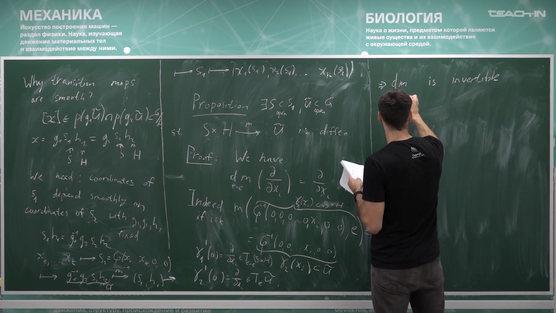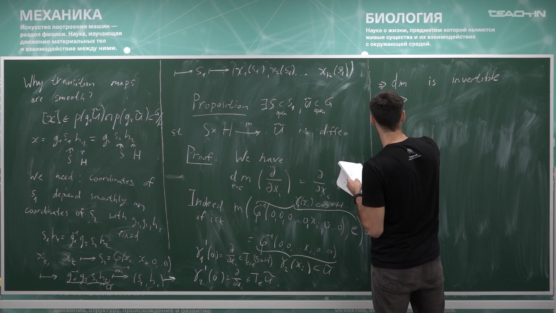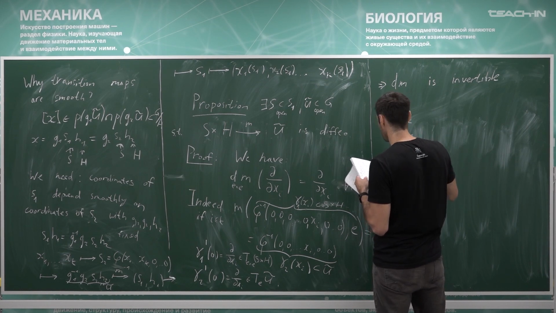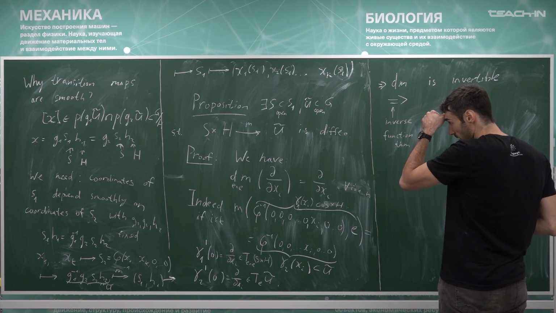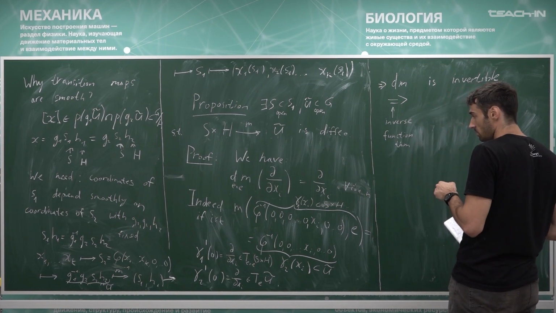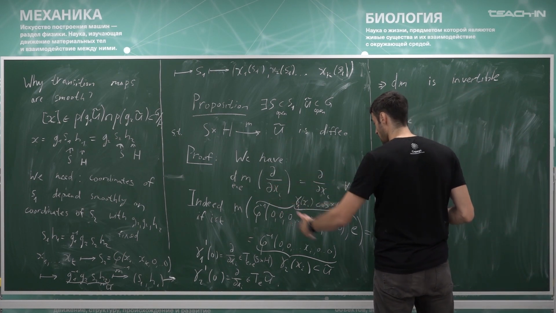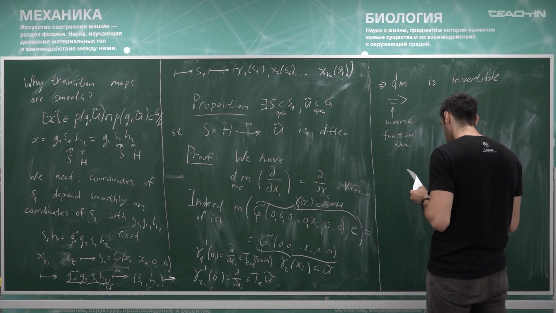Therefore, we can use the inverse function theorem and say that m is locally invertible. The differential is invertible, therefore m is locally invertible.